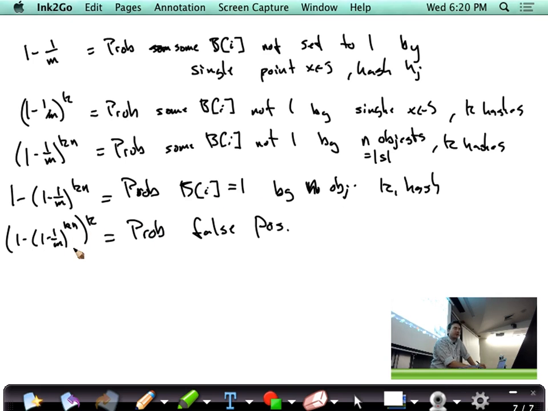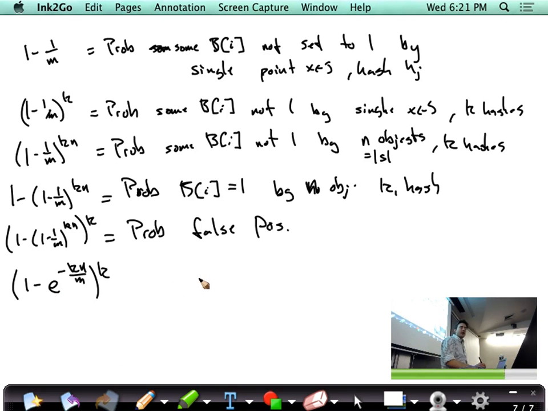Okay, now this thing is kind of mysterious here. There's this trick you can use where this is roughly equal, not exactly equal, to e to the negative kn over m, where e is 2.71.